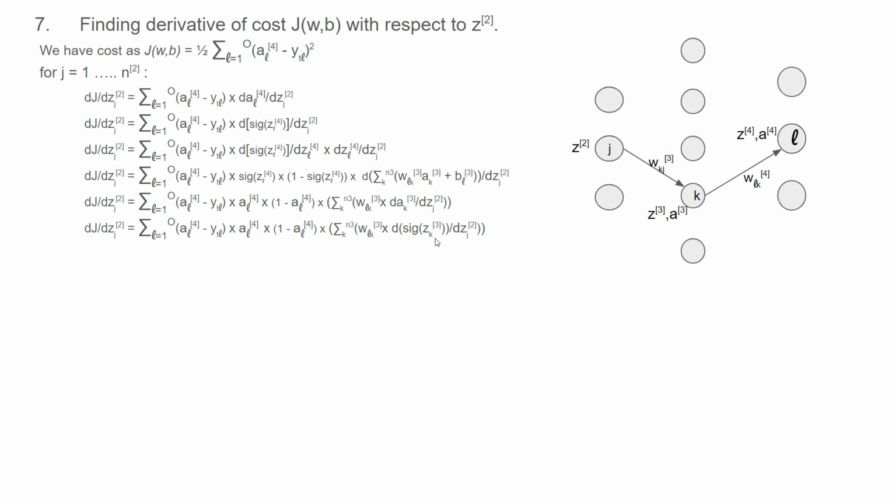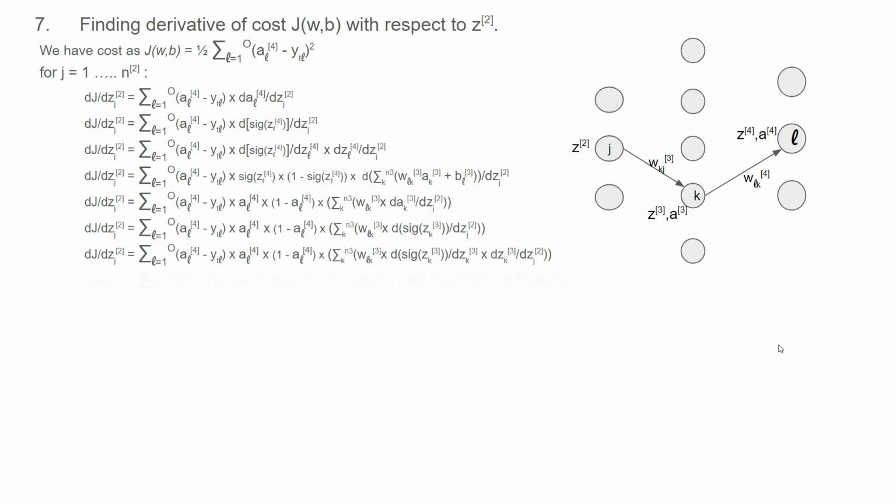Now a_k3 will be substituted as sigmoid of z_k3. Again applying the chain rule and breaking with respect to z_k3, the differentiation of sigmoid of z_k3 with respect to z_k3 into dz_k3 by dz_j2.